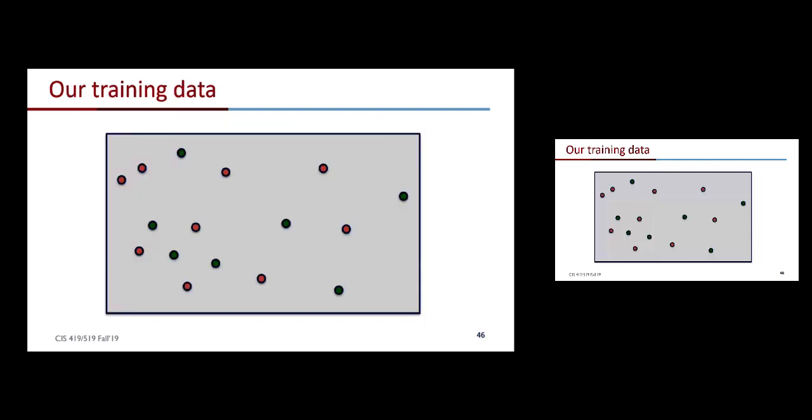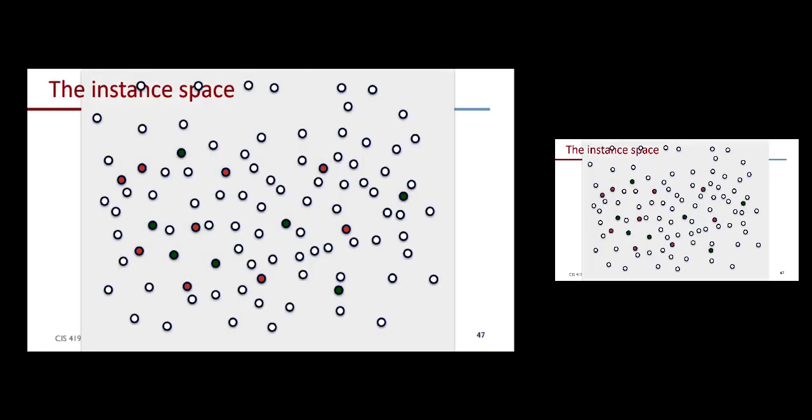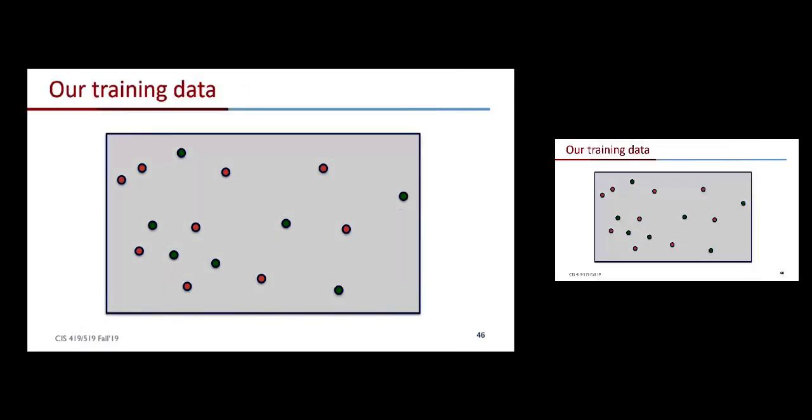Remember when we started talking about these things, the training data that we have is very, very tiny relative to the data. There's a lot of data out there, and we will never see even a reasonable subset of it. We'll always see a tiny subset.